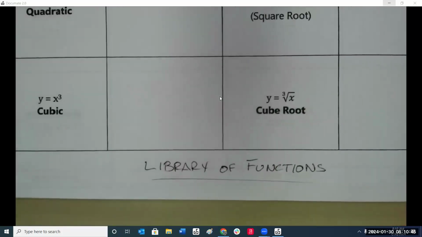The library functions. The purpose of this sheet is to give you the basic idea of, just by looking at an equation, you can tell what the graph's going to look like, what the domain and range are, and the end behavior of the graph. What is end behavior? When we talk about end behavior, what are we talking about?